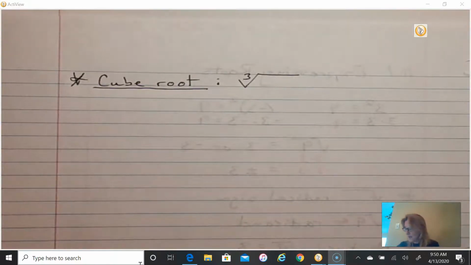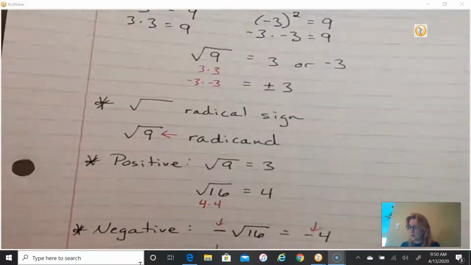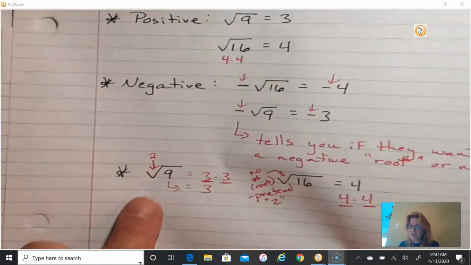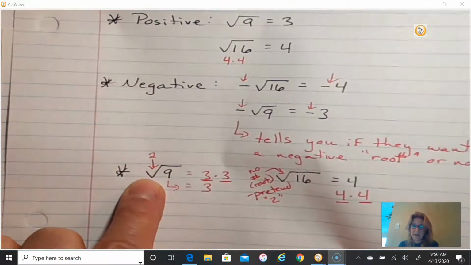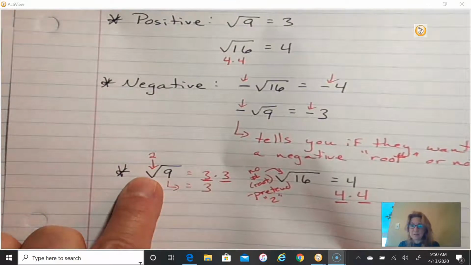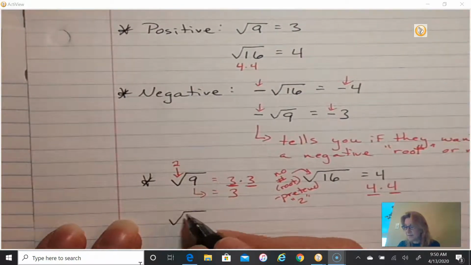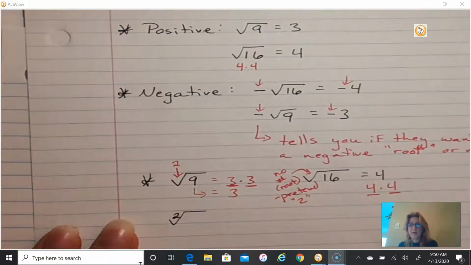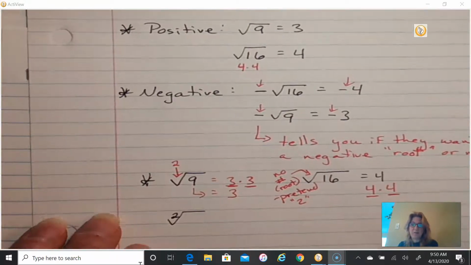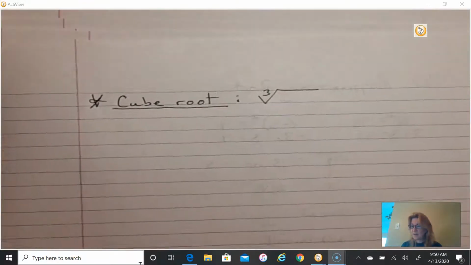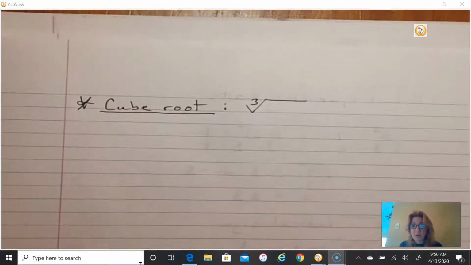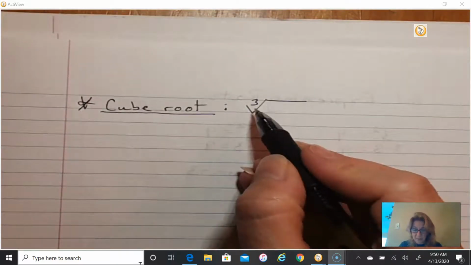Okay, so if you look back, what I was trying to prepare you for is if there's nothing in that little check mark, we pretend that it's 2. Okay, the root is 2. And it would look something like this. All right, but if there's nothing, then we just pretend it's 2. But for all other roots, the number is going to be in there.